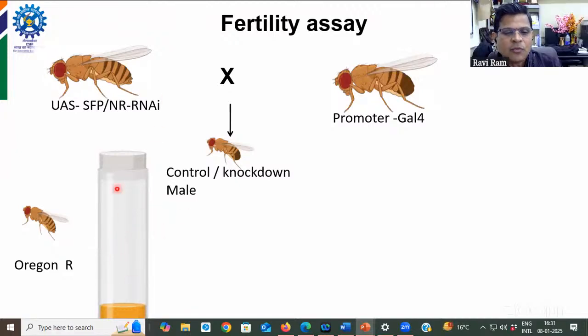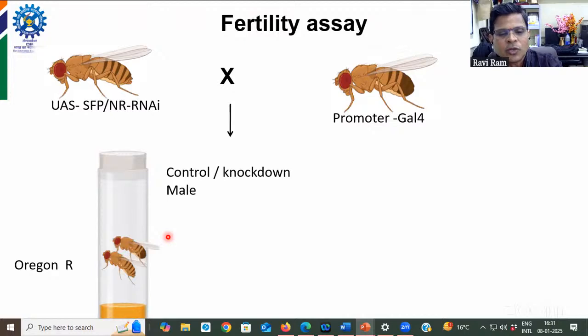This is the food vial that we use for culturing or setting up any of these matings. So you put the female into this and you introduce either the control male or the knockdown male. In the other vial, if you're introducing control here, you're going to introduce the knockdown male.